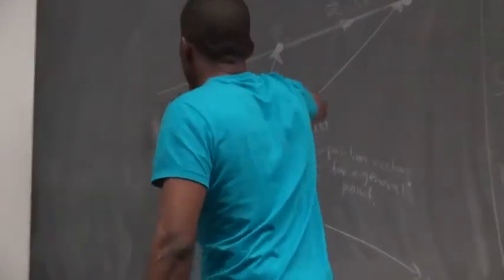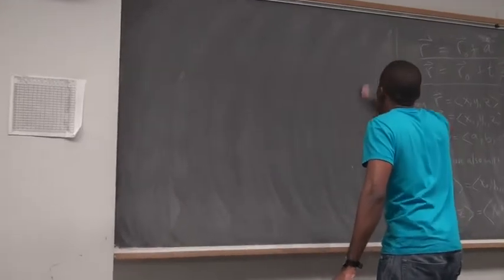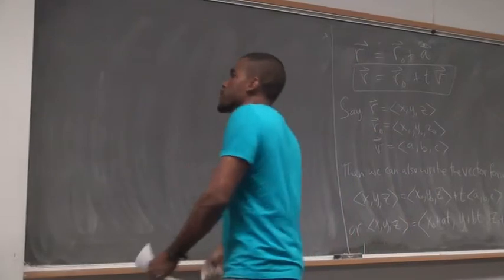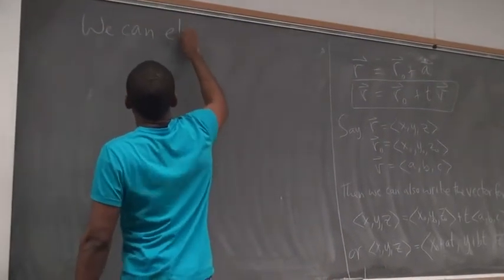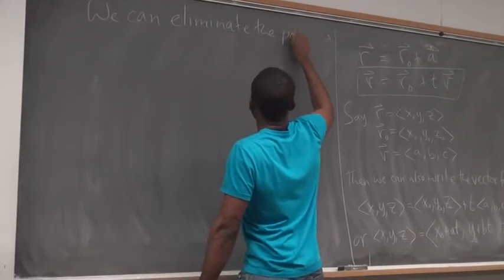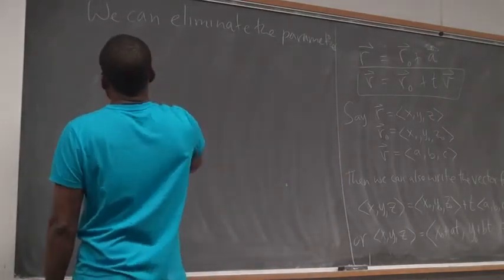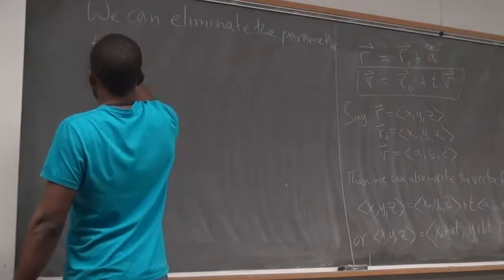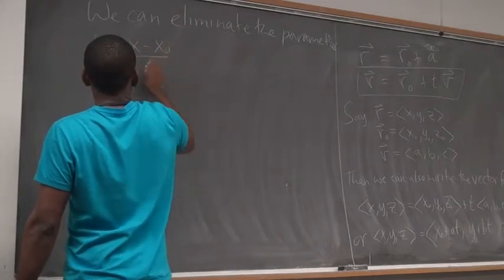You can go one more and eliminate the parameter. Let's say we don't want to talk about the line in terms of the parameter. In the first equation I can solve for t. I get t would be x minus x0 over a.